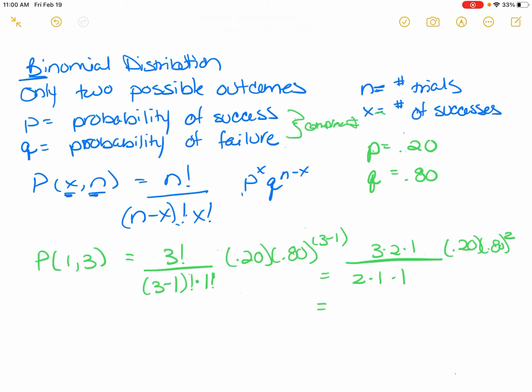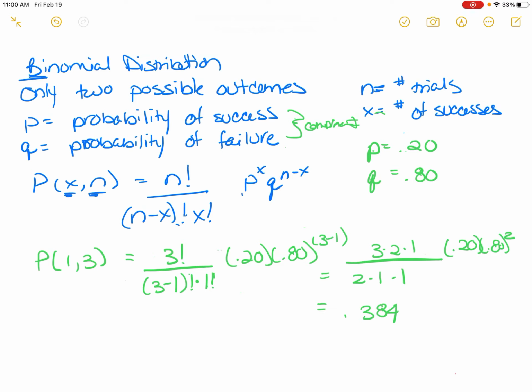And that would give us a probability of 0.384. So it's a 38.4% chance that one of them would sign up for the paid version of the golf clinic.